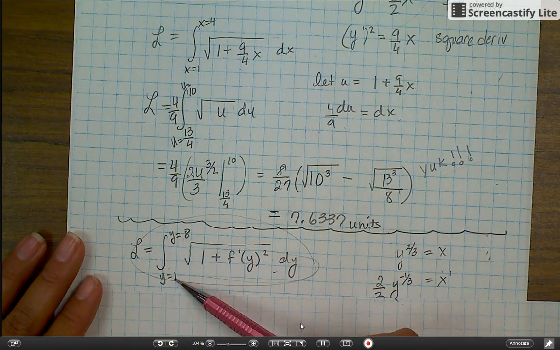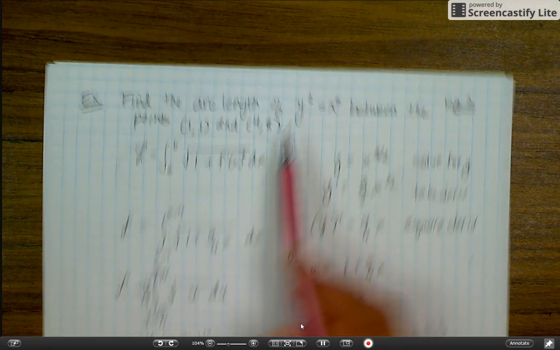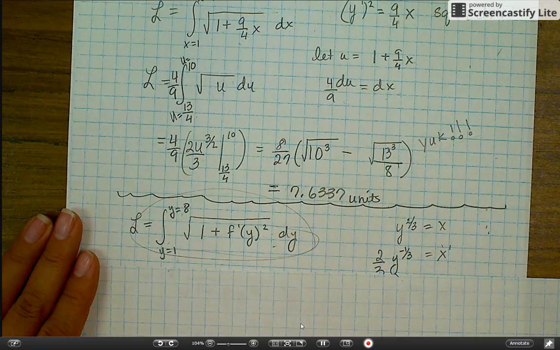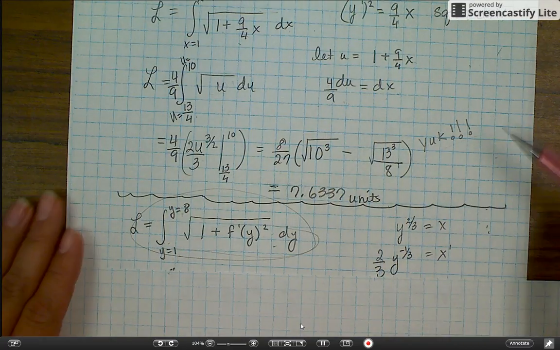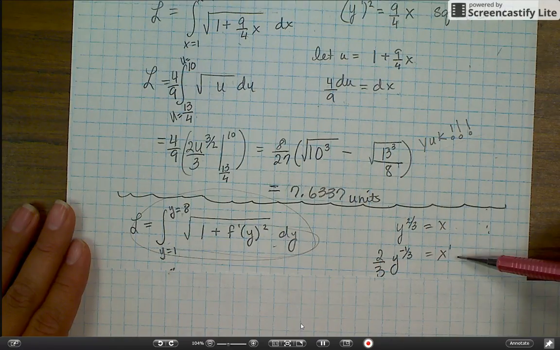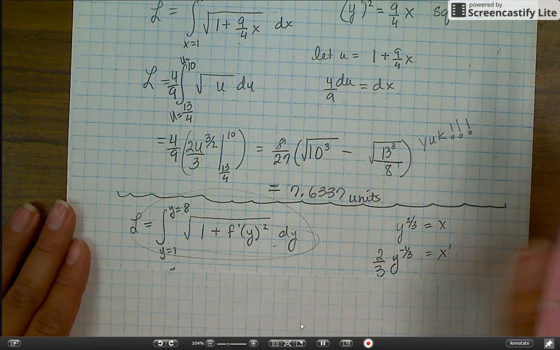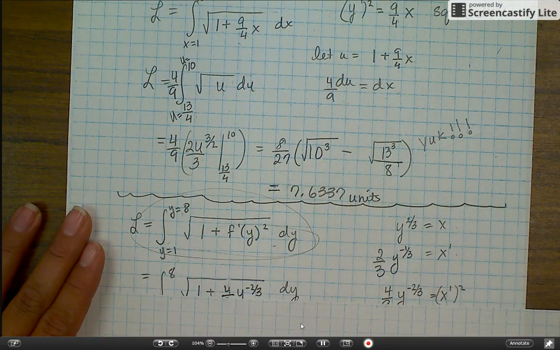These are going to be y's. So you look at your coordinates from 1 to 8. And in this situation, you're going to solve for x. So we solved for x, then we took the derivative of that, and then we squared the derivative, which is that.